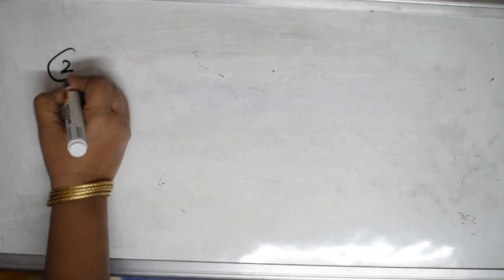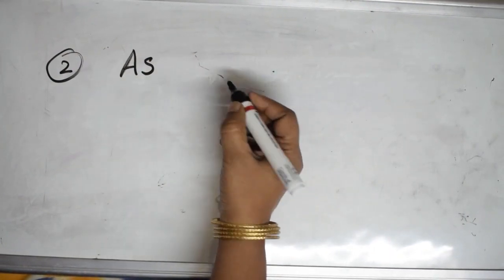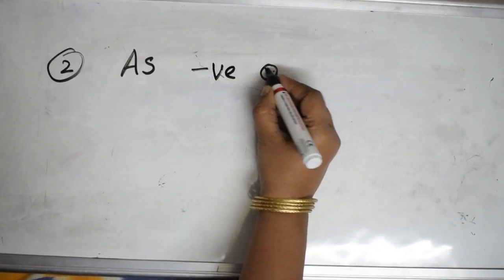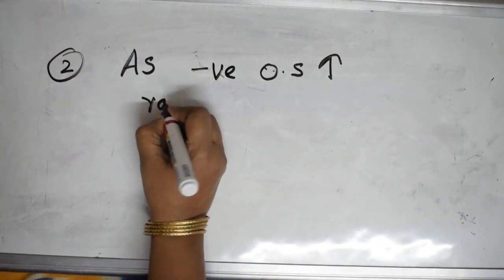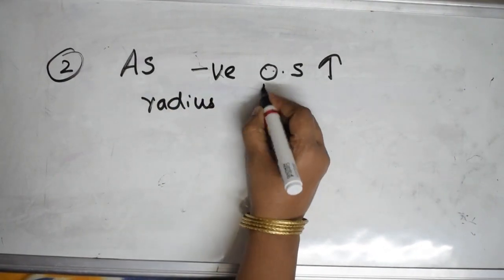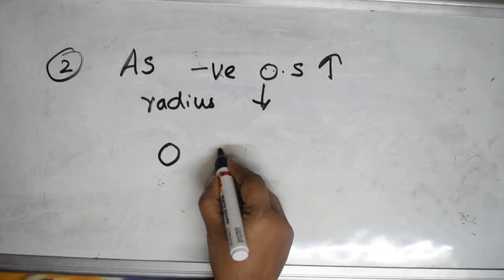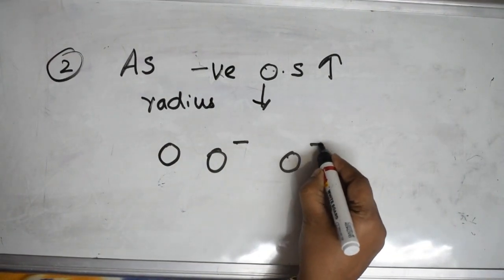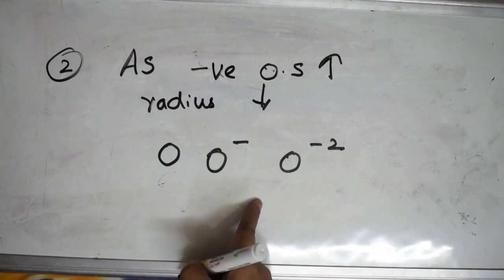In the second important trick of inorganic chemistry, let us write in terms of negative. As negative oxidation state increases, remember, radius increases. How is this possible? Let's see. Suppose you have oxygen, O minus, O minus 2. Now what is the order of the radius?